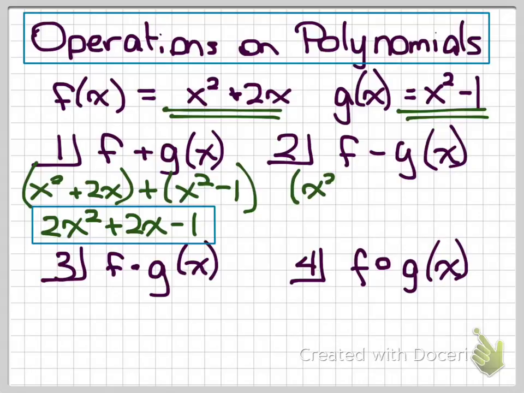We're going to have x squared plus 2x minus, the parentheses become important, don't forget, and that's going to be minus the quantity x squared minus 1. There we go.